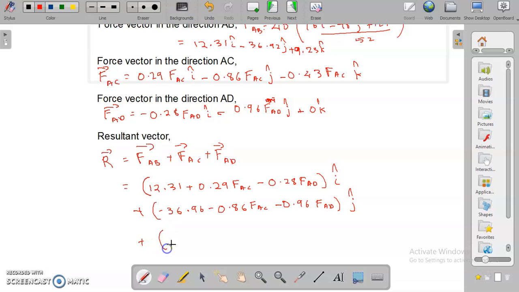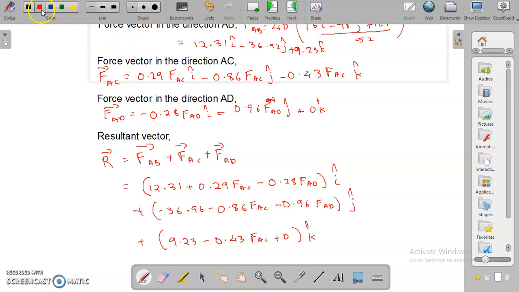sorry, 9.23 minus 0.43 F_AC plus 0 into k.